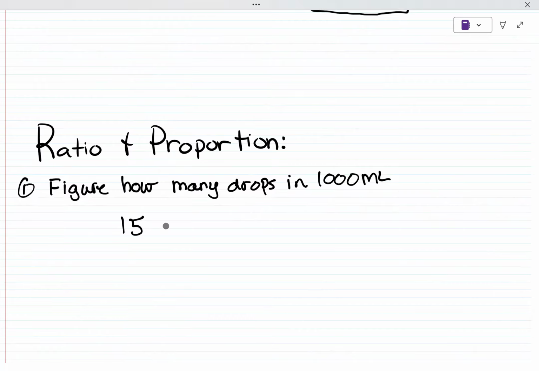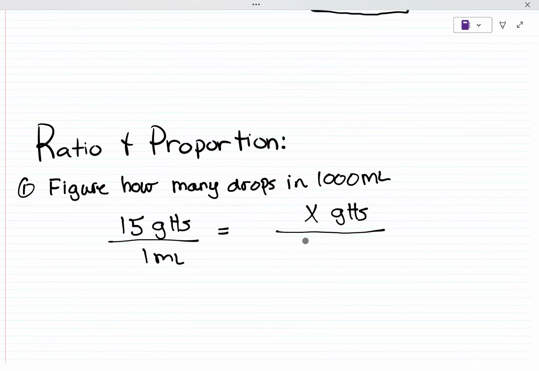So we have 15 drops per 1 milliliter equals, we want to know how many drops, that's our unknown X, in 1000 milliliters. This 15 was given. We know that for 1 milliliter there are 15 drops, and we want to know how many drops there are in 1,000, and then cross multiply.